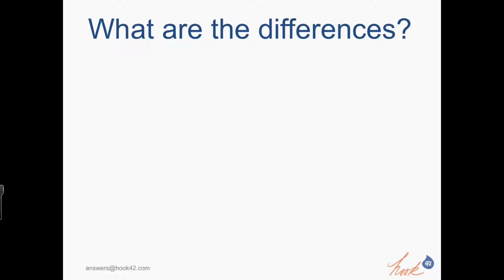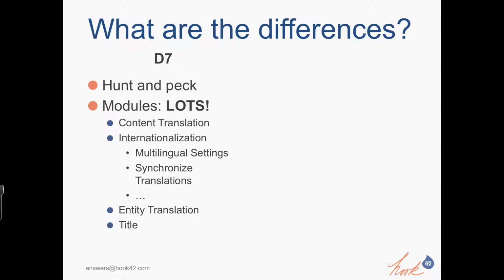So what are the differences in the two? In D7, you're really having to hunt and peck around the system to get all of your multilingual settings. You have so many modules, like content translation, the internationalization suite of modules. You have to synchronize translations if you're using content translation.